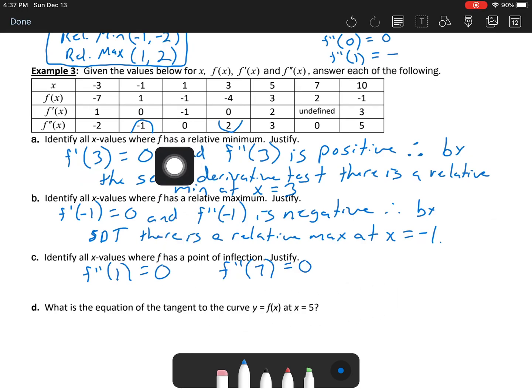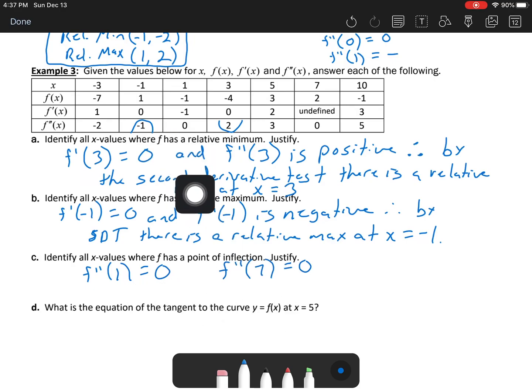And here's the thing with this, guys. We can state where we see possible inflection points here, and I know we're looking for the concavity to change, and it does, but with these tables, we don't really know what's happening right next to this x coordinate. It went from concave down to concave up, but maybe it changed to concave up somewhere closer to 1 on the left side, and then stayed concave up.